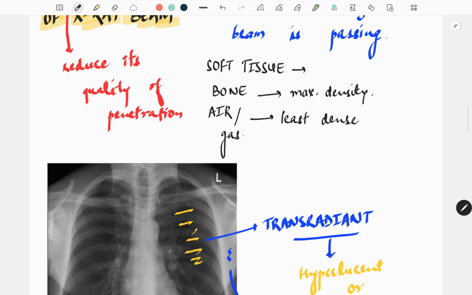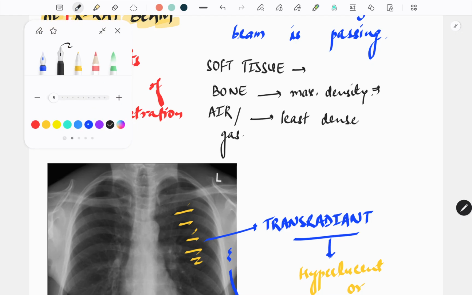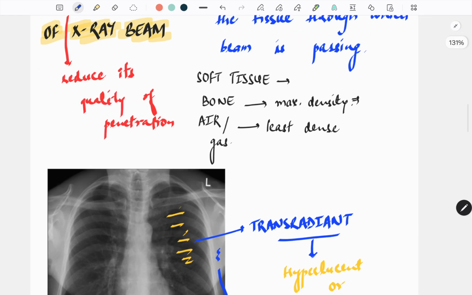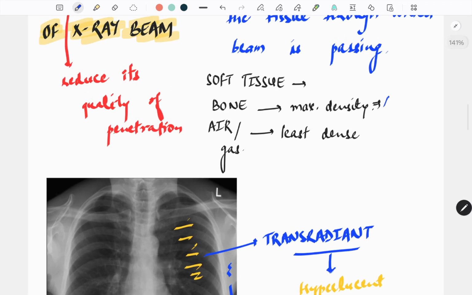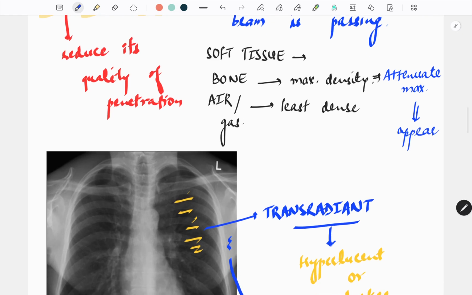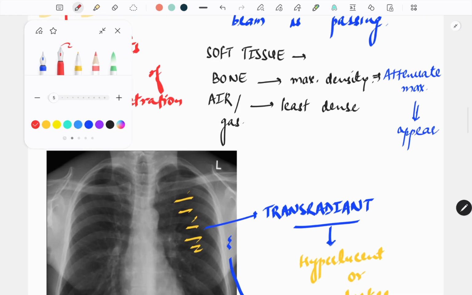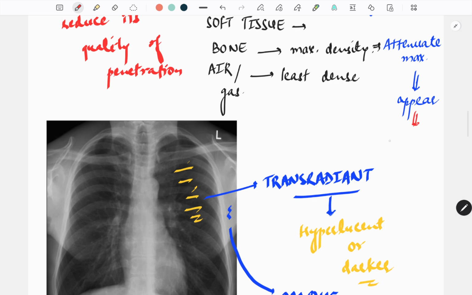So bone will attenuate maximum, hence will appear opaque.